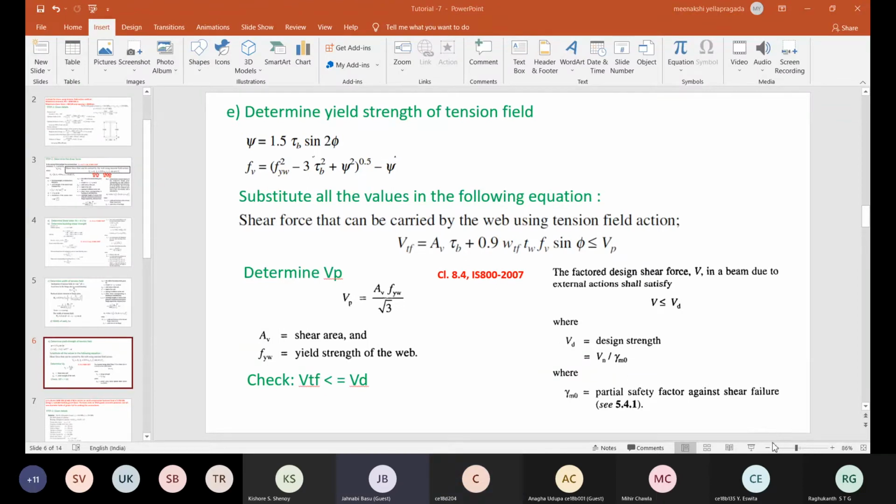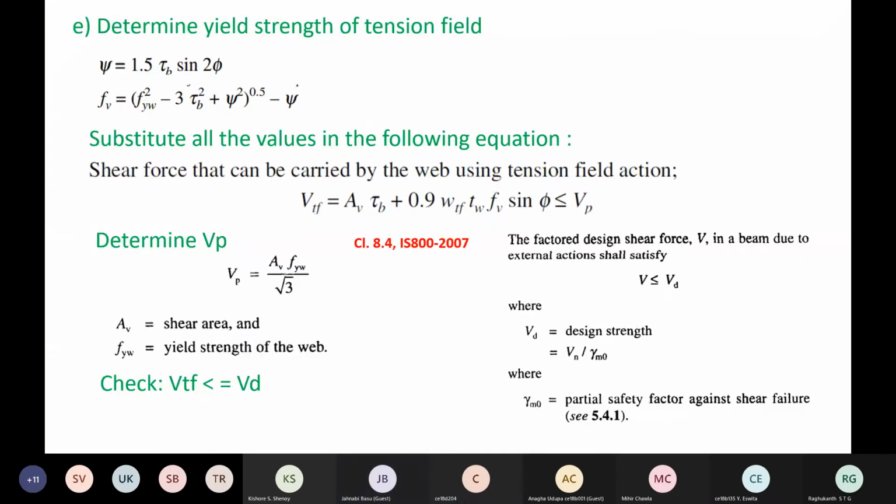Tau b, someone said it is 43.1, and phi someone said as 35 degrees. So I think all the values are clear. After that, you just substitute it in the Fv equation. What is psi? 60.75. Fantastic.